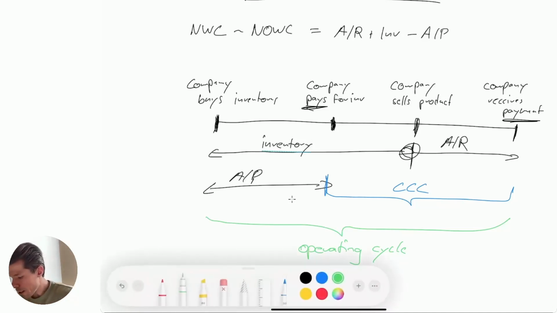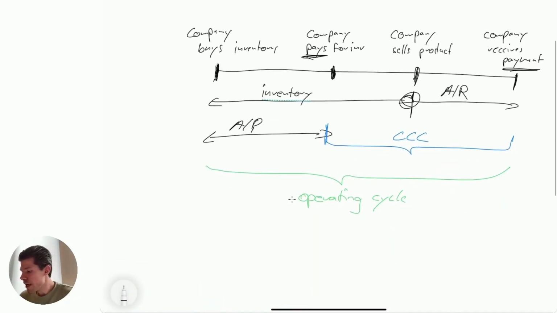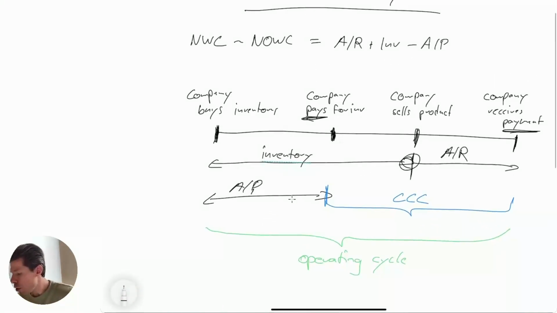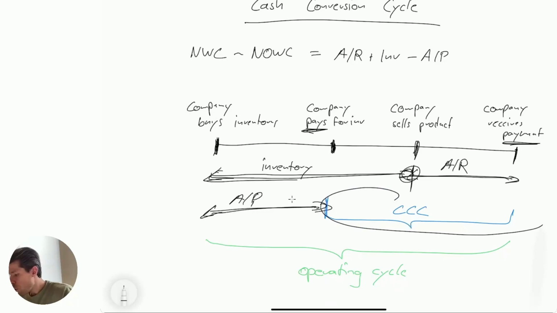Here today we are concerned with the cash conversion cycle. So the cash conversion cycle would be the same as for your net operating working capital: inventory plus accounts receivables, then you have the entire timeline minus AP, which would leave you with the cash conversion cycle.